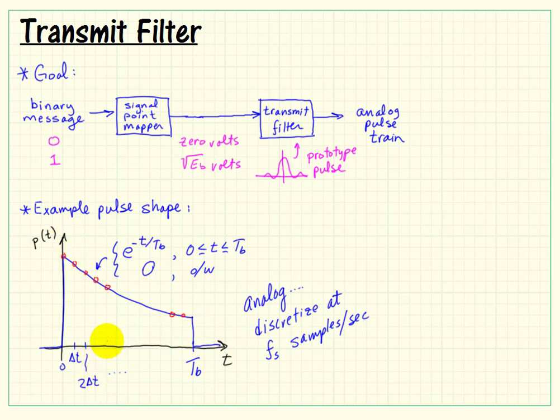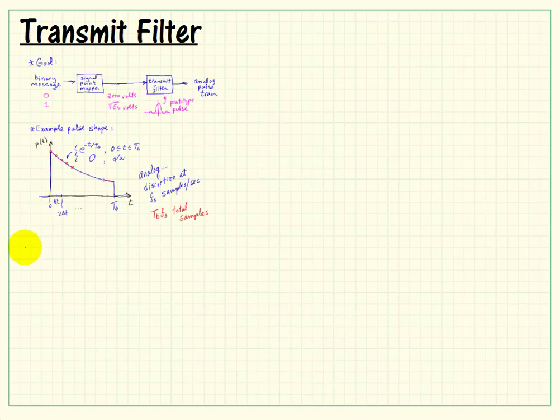And one of those sample points is back at 0. Altogether, we have t sub b, which has units of seconds, times the sampling frequency, which has units of samples per second. So altogether, that product gives us the total number of samples for our discrete time pulse shape.